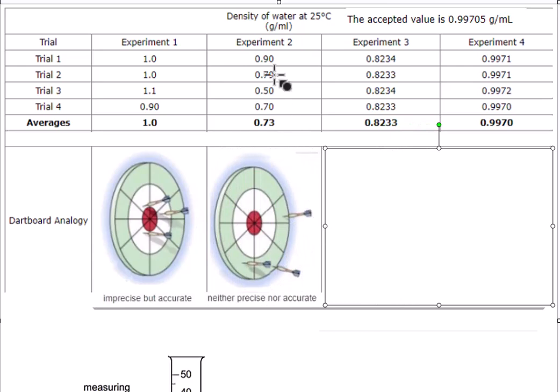In this case, if you average them, you get a density of 0.73, much lower than the accepted value. The dartboard analogy is that you're not even close to the right answer. And on top of it all, your data is scattered everywhere. If this were a student's experiment, I'd say, I don't know what you're doing wrong. Do you know how to read a graduated cylinder? So this would be neither precise nor accurate.